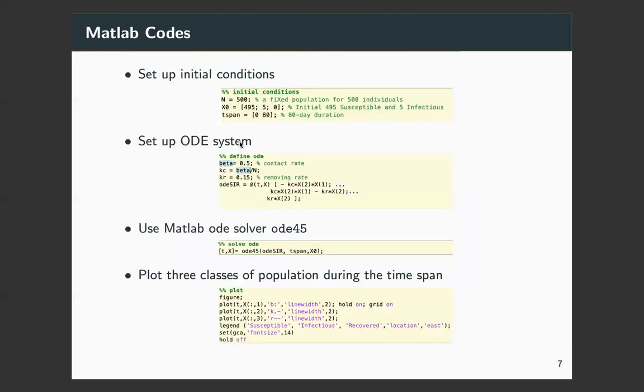And let us look at the MATLAB code that does the previous simulation. The first step is to set up initial conditions.